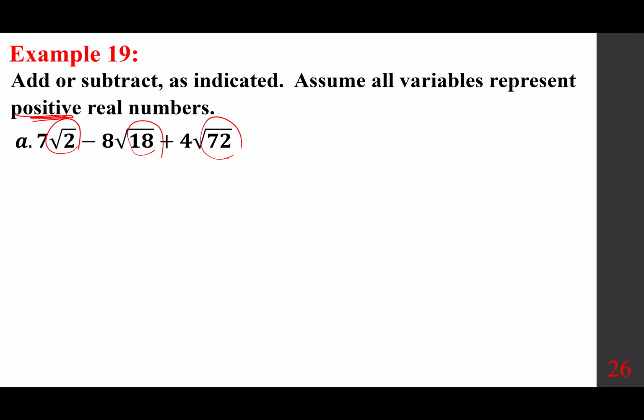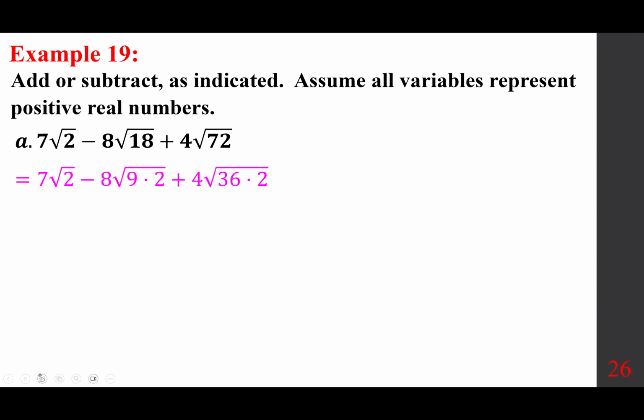However, 18, you don't have to really factor it. You should recognize it's 9 times 2 and 72 is 36 times 2. So 9 comes out as 3. So remember, they're all being multiplied. And 36 comes out as 6.